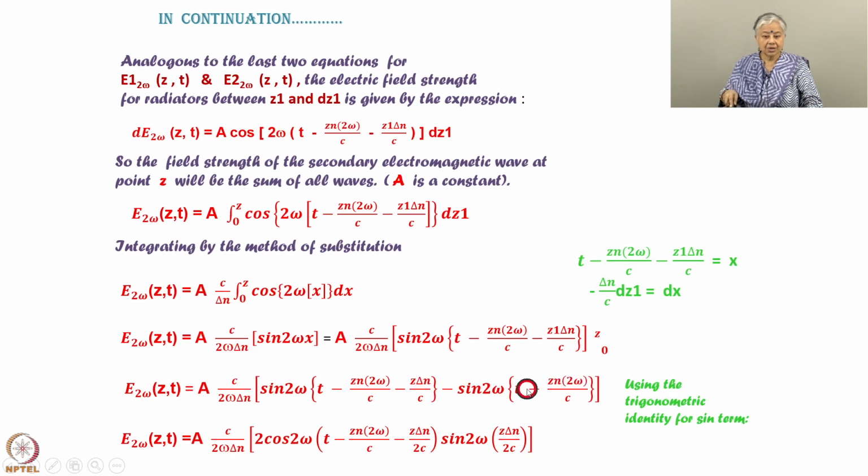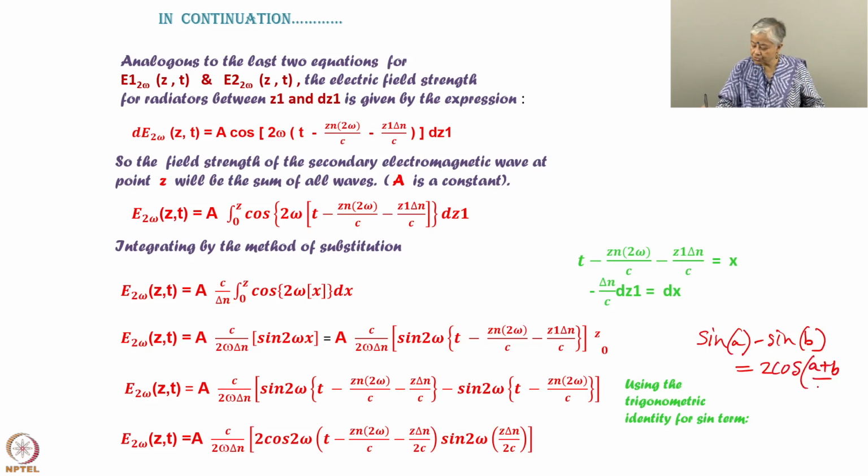To make it look a bit simpler, so that I can interpret the result very easily, I just use a trigonometric identity, which you all know: sin A minus sin B is equal to 2 cos of (A plus B) by 2 and sine of (A minus B) by 2.